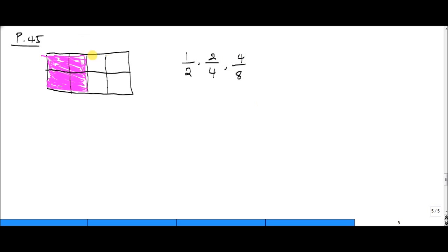Okay, one more. We cut like this, and we cut like this. Let's see, we have 1, 2, 3, 4, 5, 6, 7, 8 pieces now. 8 pieces that are shaded out of 16. Now we'll stop here.